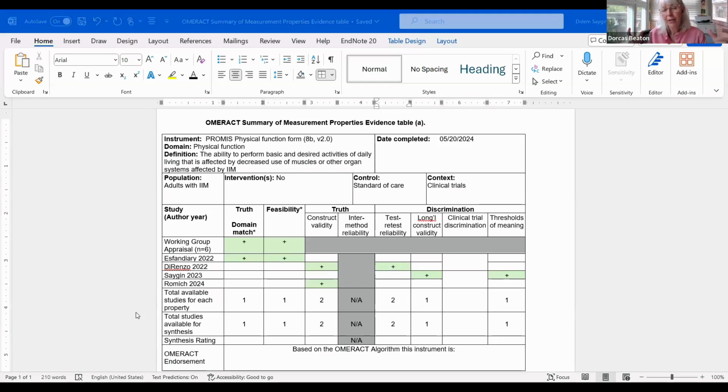So if your PICO is the same, and you've got your body of evidence, and you've got enough that it's meeting all these standards, I wouldn't imagine that something had changed enough to shift your conclusions about an instrument. But if something in your PICO has shifted, the nature of the patients, the nature of the interventions, then you might need to revisit it to confirm it. Any other thoughts?